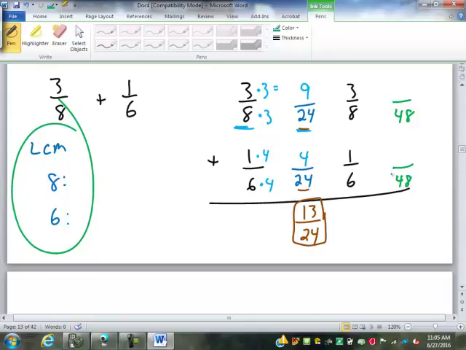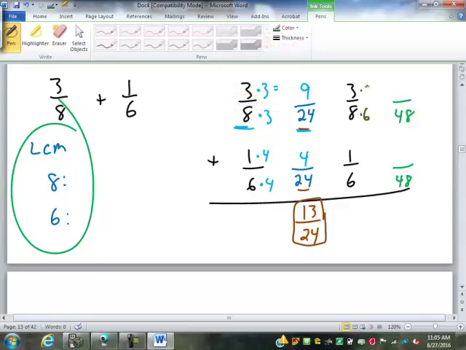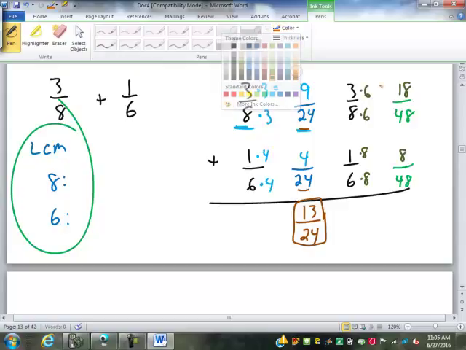It's a little more difficult, but it works. 8 times 6 makes 48, so 3 times 6 is 18. 6 times 8 is 48, so 1 times 8 is 8. So I do have the same name, I have common denominators. I go to add, 18 plus 8 is 26 48ths.